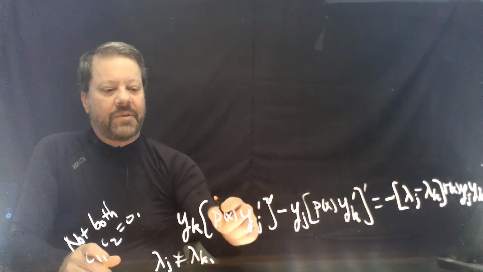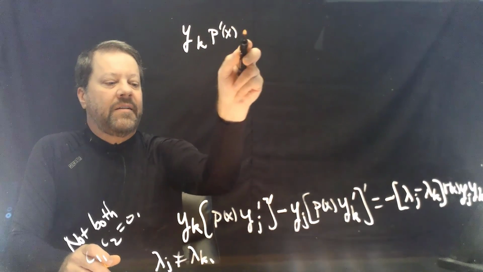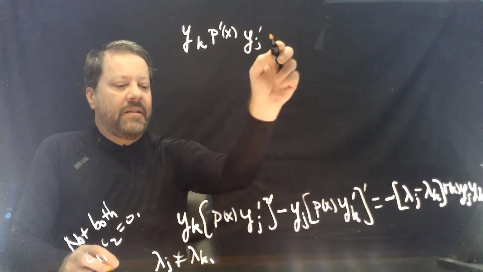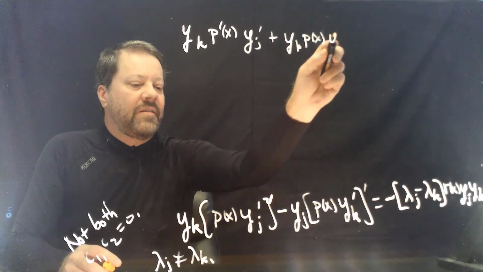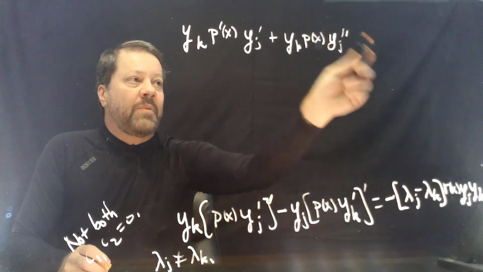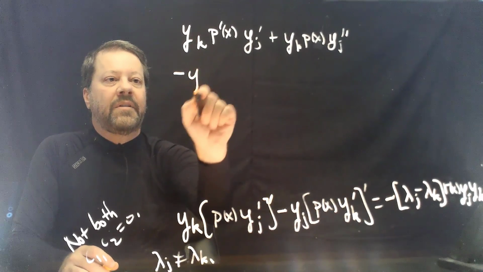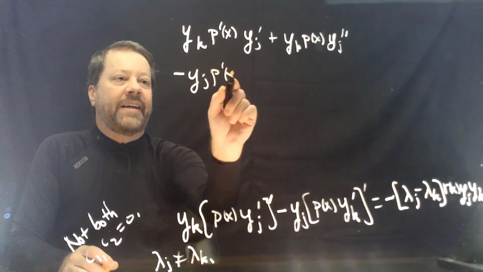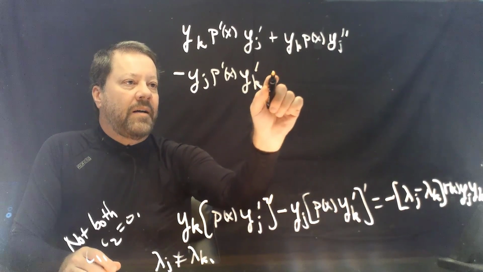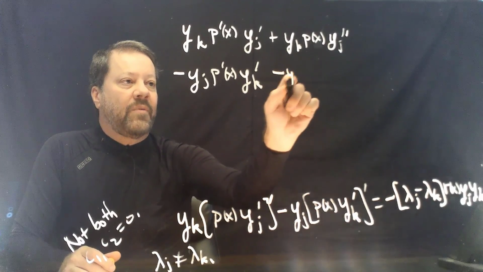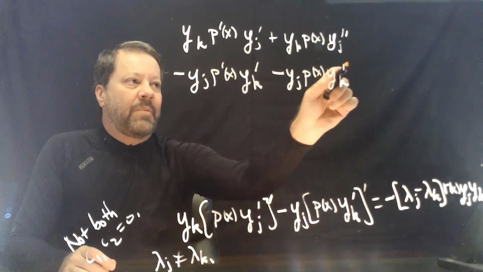When we apply the product rule, we'll have yk p prime of x yj prime plus yk p of x yj double prime, and then minus what we have over here, yj p prime of x yk prime, still subtracting yj p of x yk double prime.